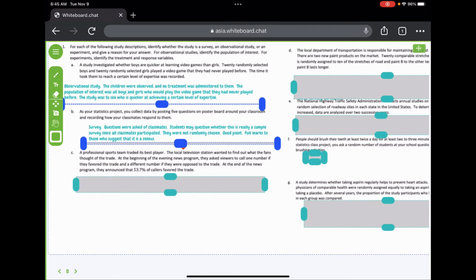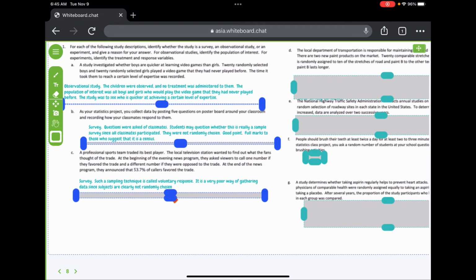All right, a professional sports team traded its best player. The local television station wanted to find out what the fans thought of the trade. At the beginning of the evening news program, they asked viewers to call one number if they favored the trade and a different number if they were opposed to the trade. At the end of the news program, they announced that 53.7% of callers favored the trade. So this is just another survey.